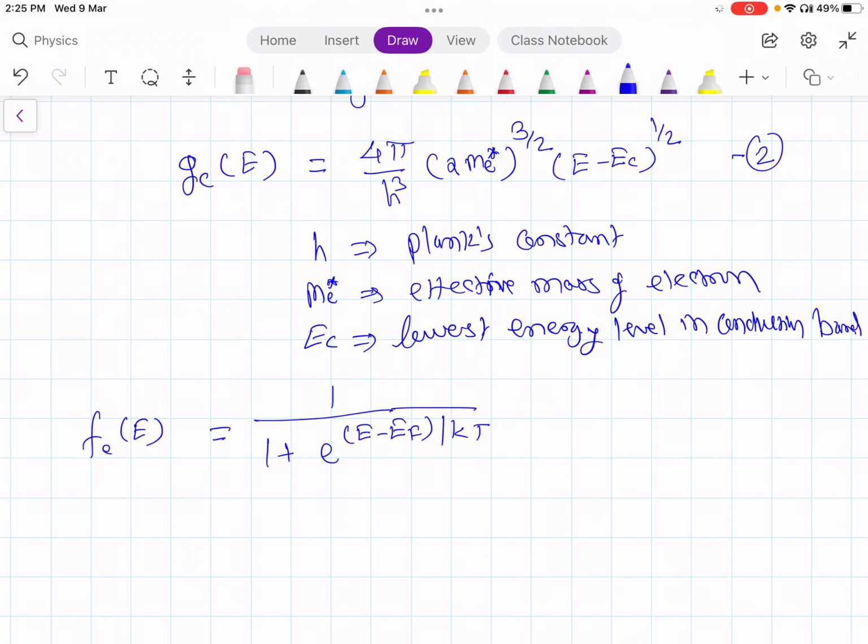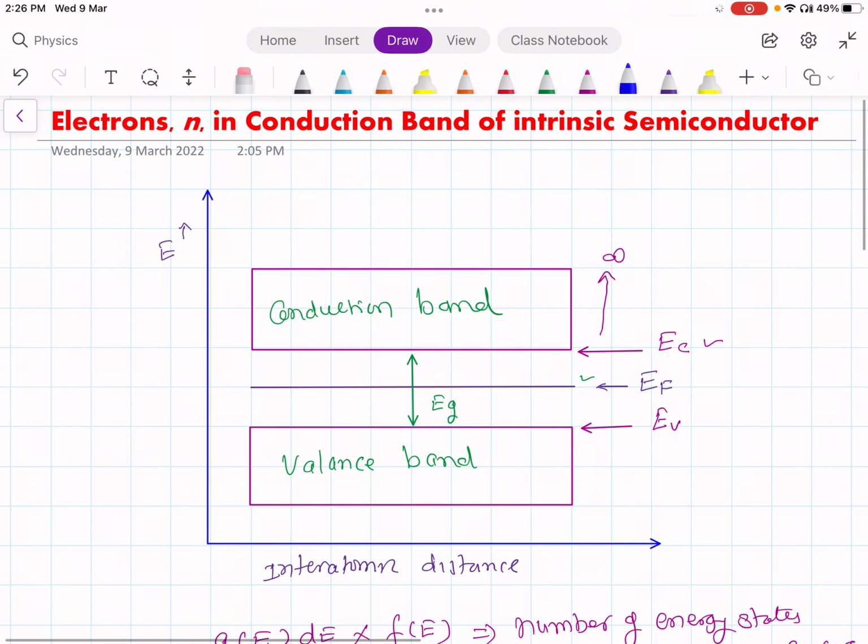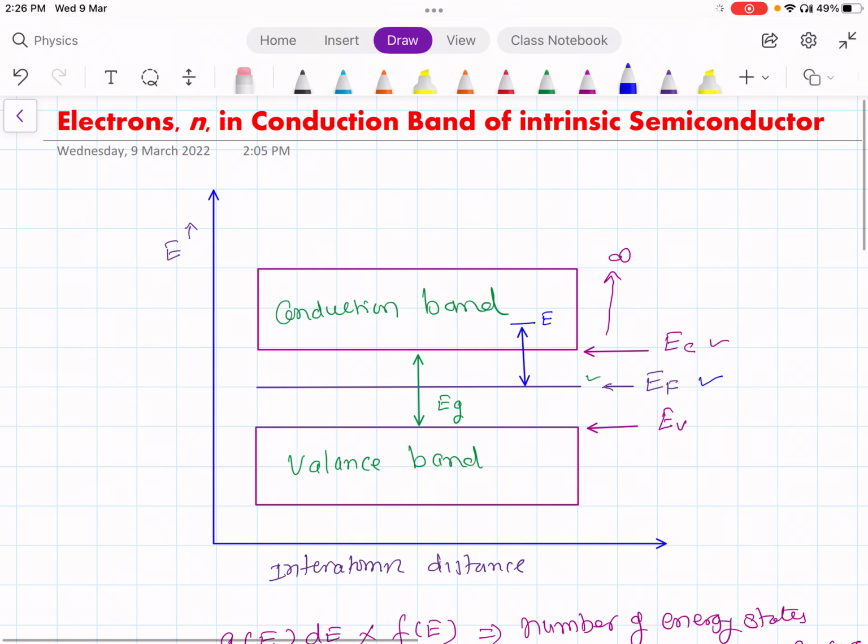But in this case, as E minus Ef is very large compared to the thermal energy kT, as you can see in this diagram, this is the Fermi energy level Ef, which is in the middle of the energy gap, and we are considering any energy level E in the conduction band. So this energy difference E minus Ef is very large compared to kT.